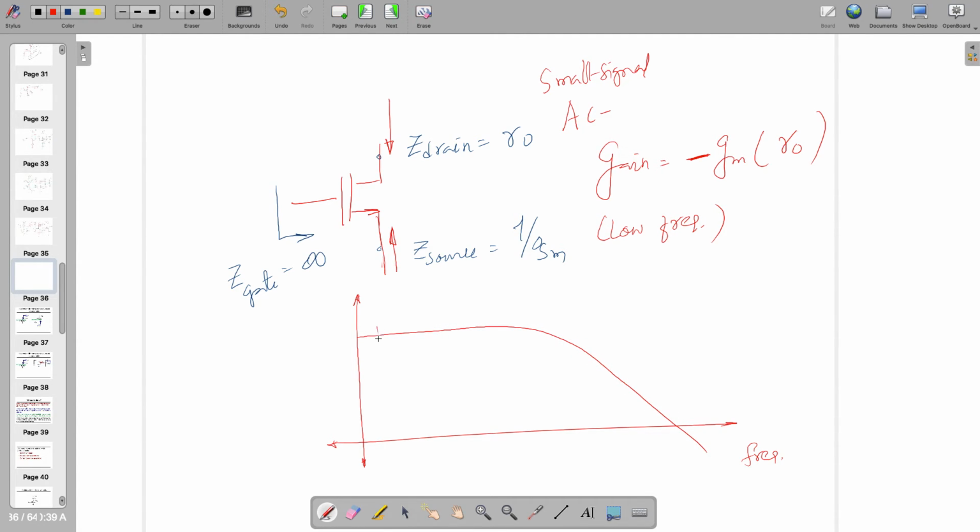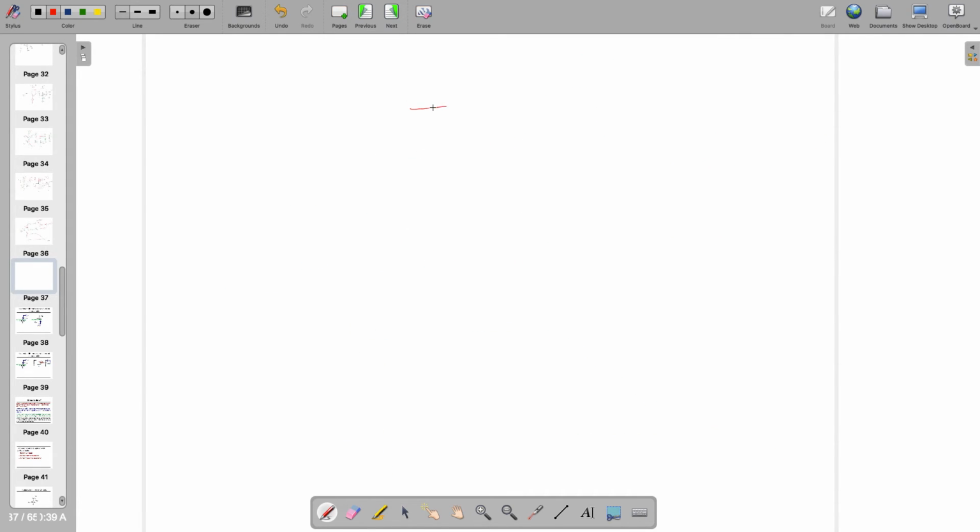But we are somewhere here. Afterwards, we have to think what is going to happen here, 3 dB and other things, UGW. All these things will be part of the next chapter, which is known as frequency response. Okay. So, if you understand this one, let's add a few more things on top of it.